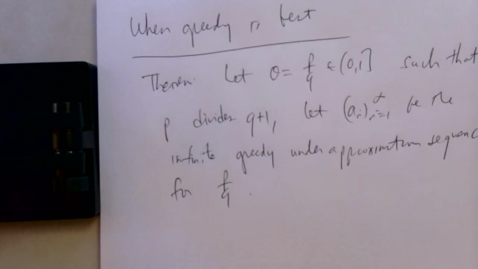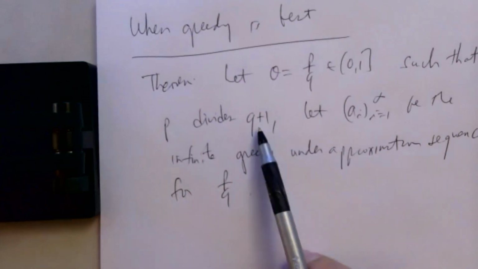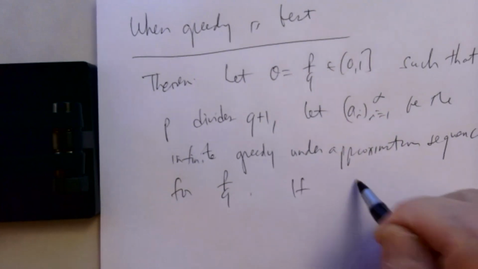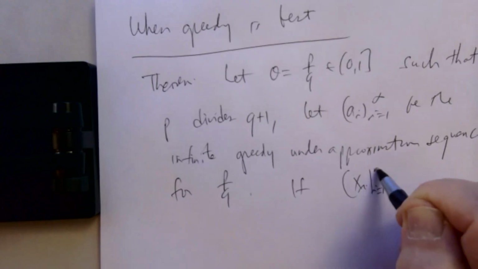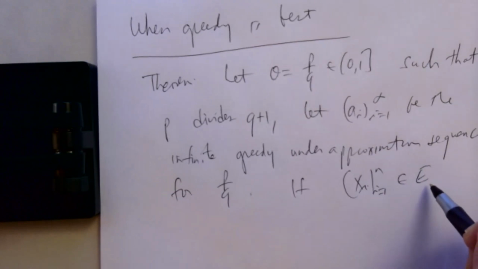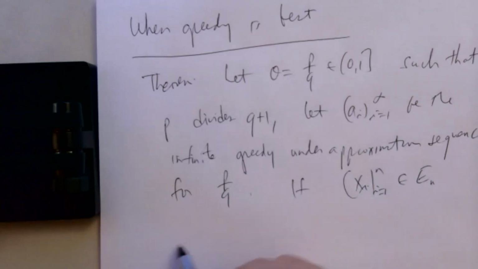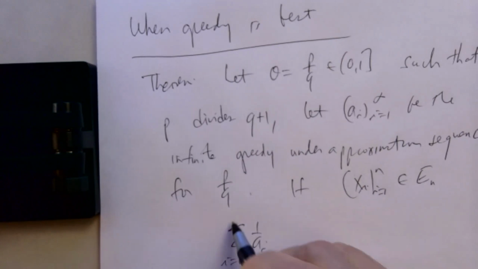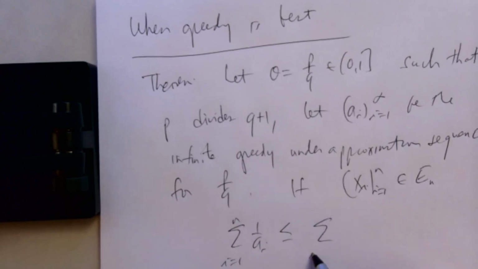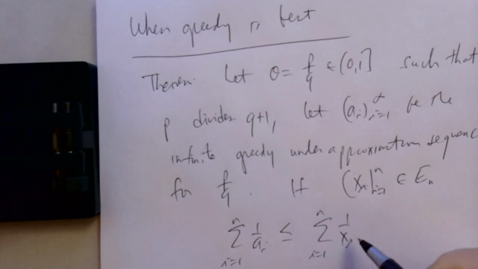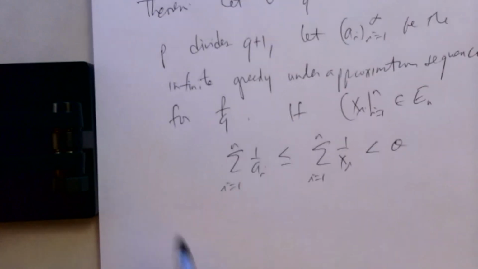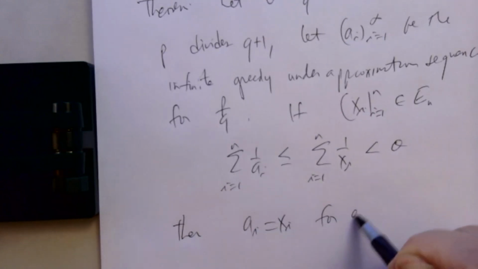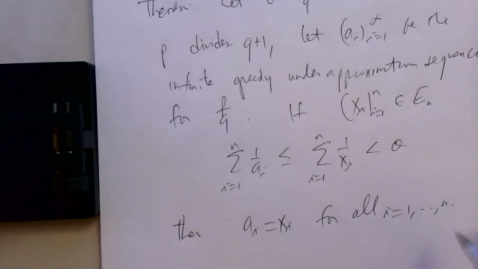And I already calculated what that is. That is, I get a sequence of numbers that generalizes Sylvester's sequence. If we have an increasing sequence of n positive integers x_i such that the summation of 1 over a_i, i from 1 to n, is less than or equal to the summation of 1 over x_i, i from 1 to n, which is less than theta, then a_i equals x_i for all i from 1 up to n.